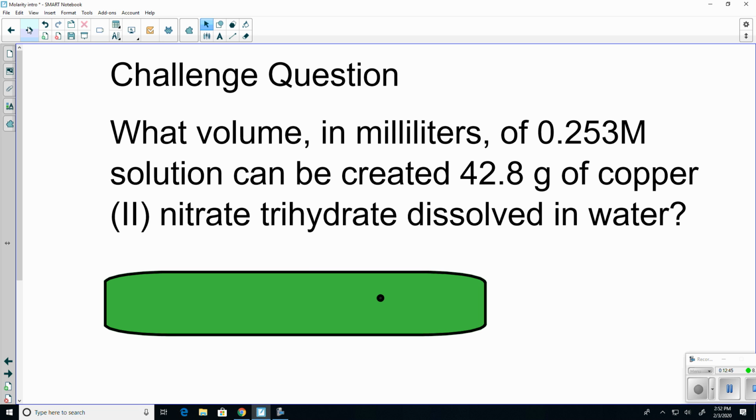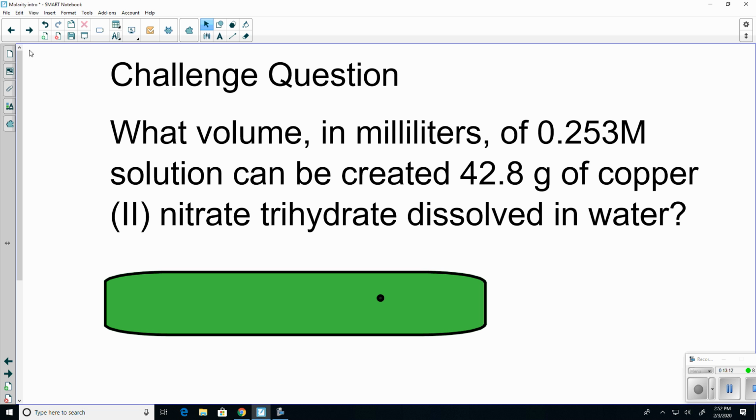If you have a scrap sheet of paper or on the sheet of paper you're already working on, room to try to solve this, what I would suggest doing is first figuring out the formula of copper 2 nitrate trihydrate. Then do a mole conversion. Start with your 42 grams of solute, convert it into moles. Now you have moles and molarity.